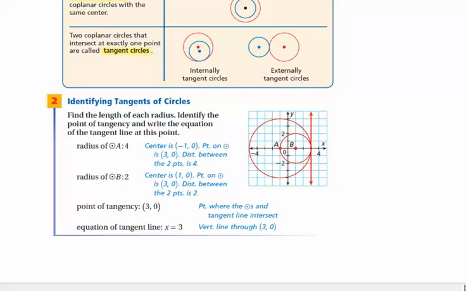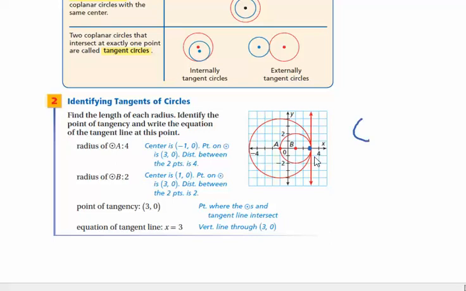When we have tangent circles, we can talk about some more things. We can say what is the equation of the line at the point of tangency. So you can see here that we have 2 internally tangent circles, and the point of tangency is this point right here where the 2 circles touch.